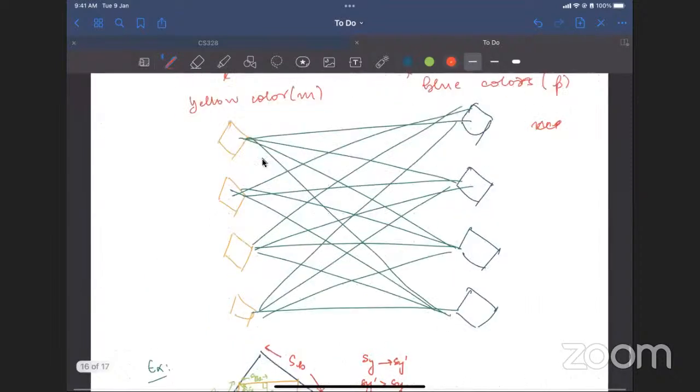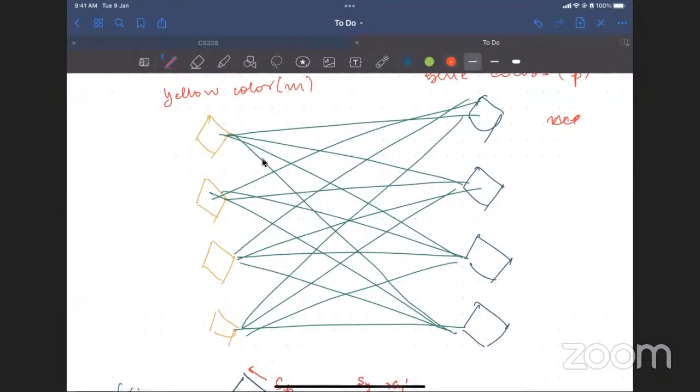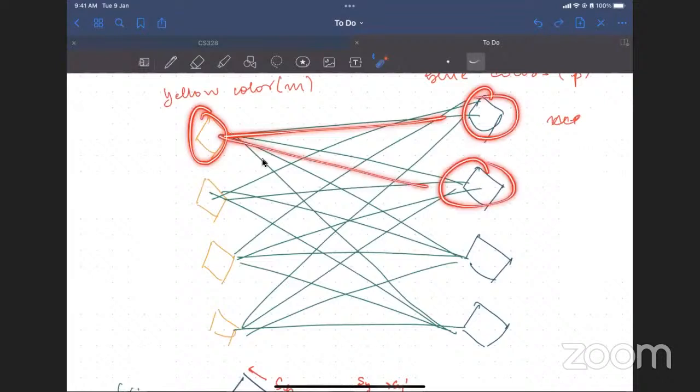So just going back to this graph problem. For every pair of vertices that satisfy this condition, this pair or this pair or this pair, you just keep that edge.